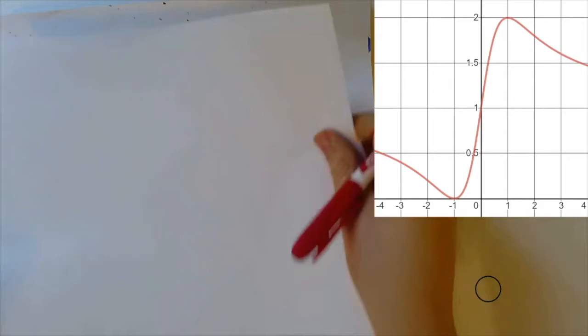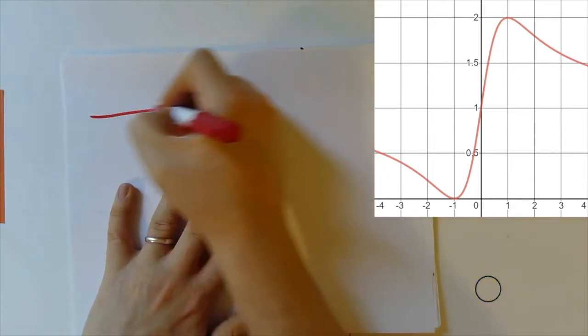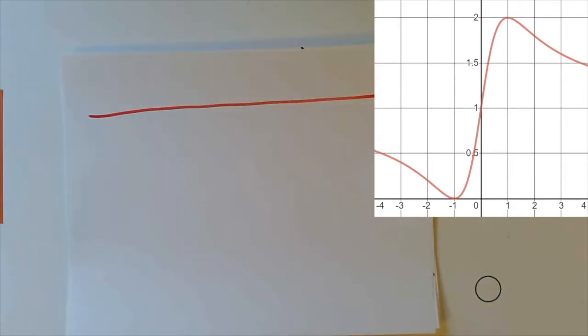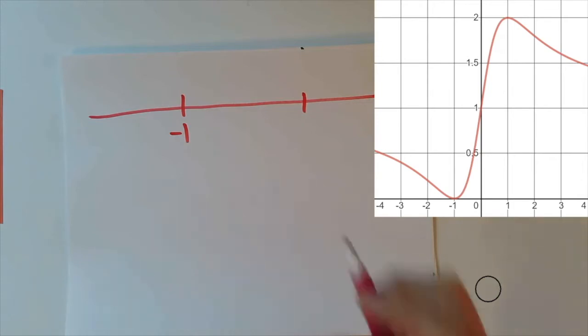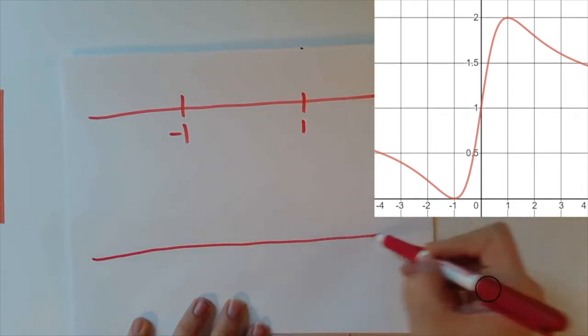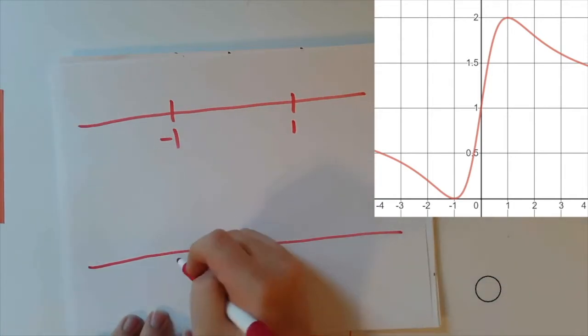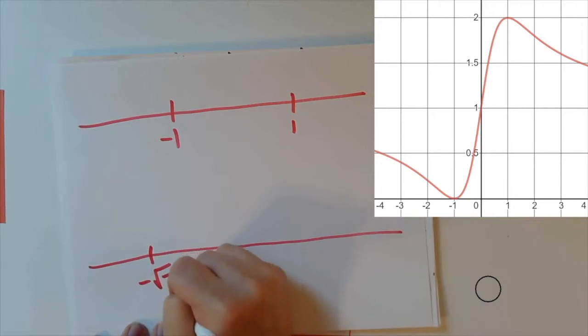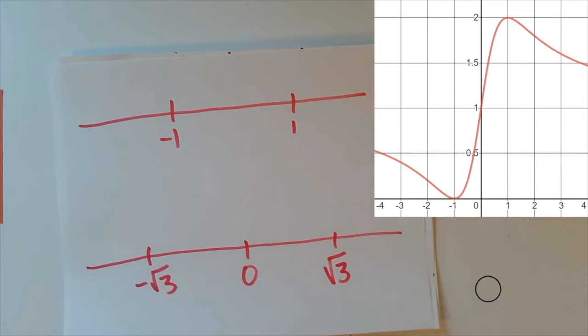So I'm going to go ahead and record that information on two number lines. Namely, one number line where I'm going to mark off the first derivative zeros, which were minus 1 and 1, and one number line where I'm going to mark off the second derivative's zeros, which were minus square root of 3, 0, and square root of 3.